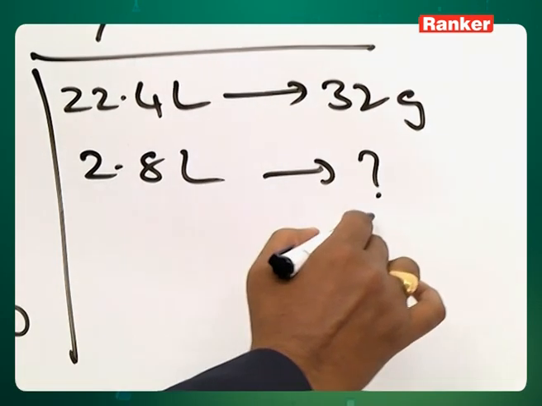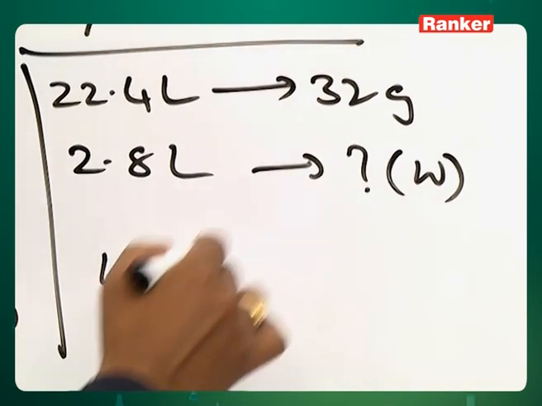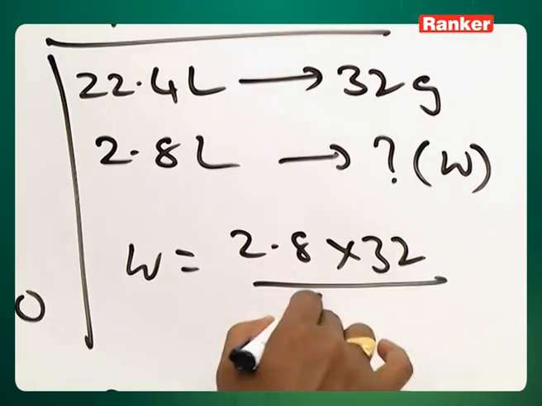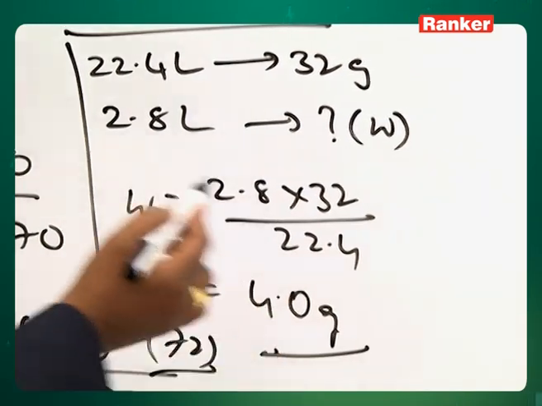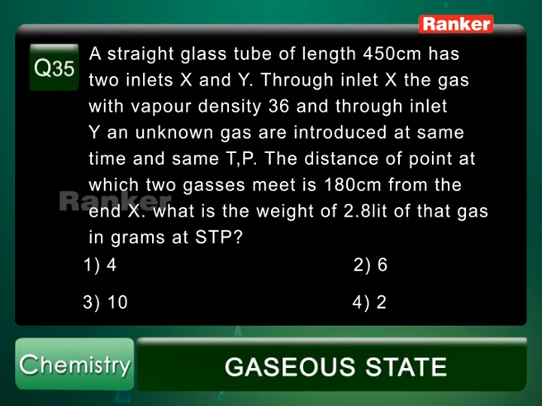On simplification you can easily get 2.8 into 32 by 22.4, that comes out to be 4 grams. So, the weight of 2.8 liters of that particular gas is 4 grams. So, the correct answer is option 1.